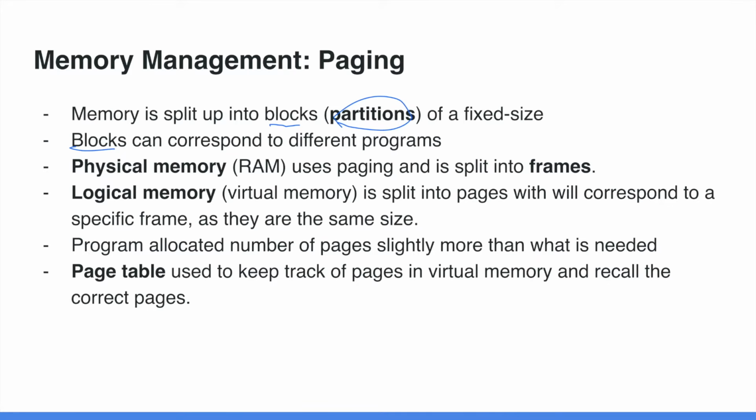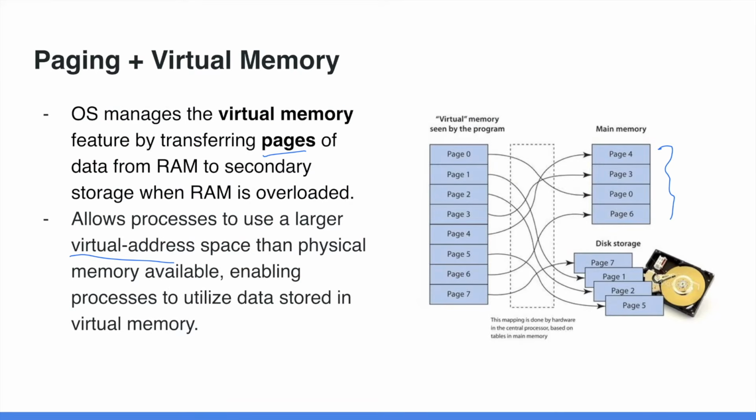Now, to get into some terminology, we're talking about physical memory. We're talking about RAM, also referred to as main memory. We're talking about logical memory. We're talking about our virtual memory. Now, I want to go back here. I think it was probably a bit confusing, but I referred to pages as being both in the RAM and in our virtual memory or disk storage, right?